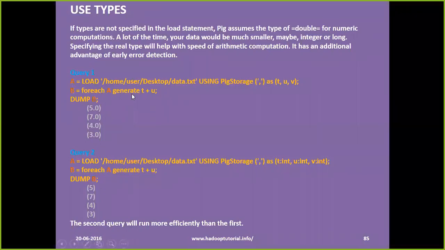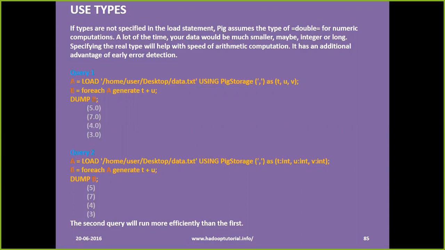And whenever you say foreach A generate T plus U, this is an arithmetic operation, so it will convert T from byte array to integer or float, and U also to integer or float. That implicit conversion will take place.